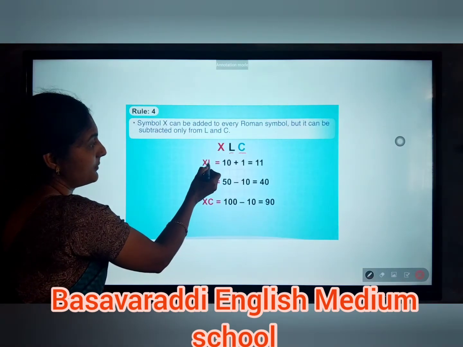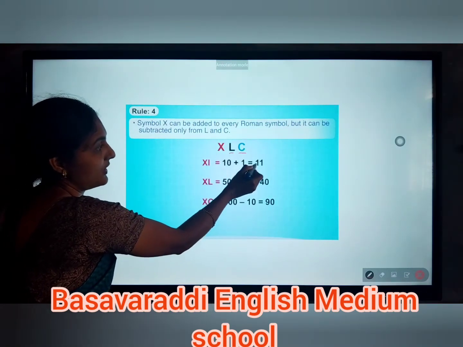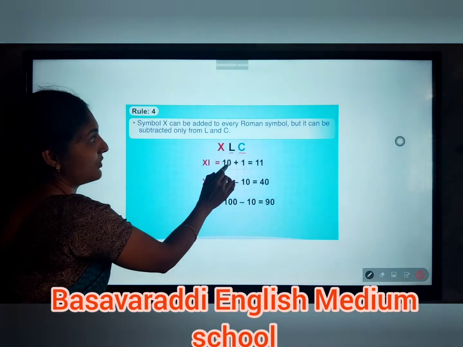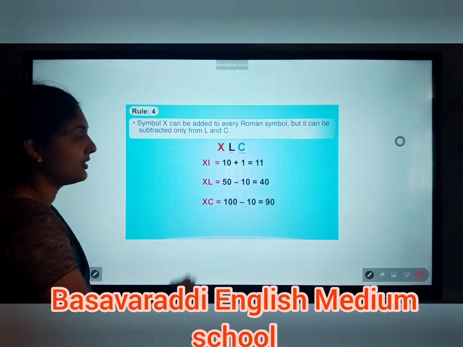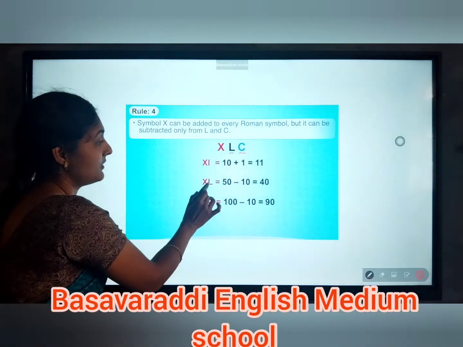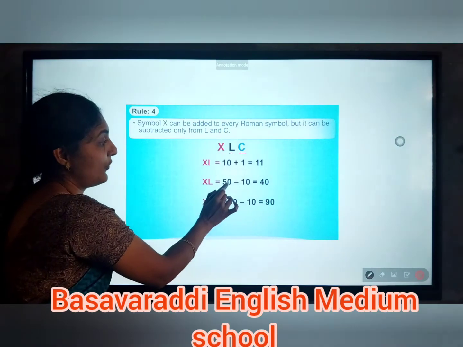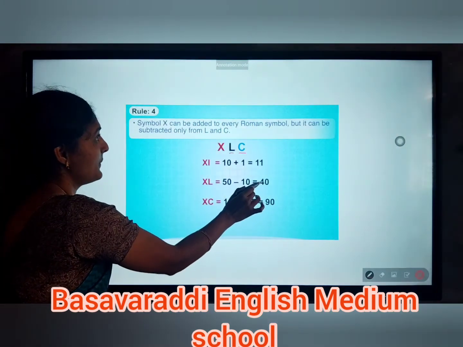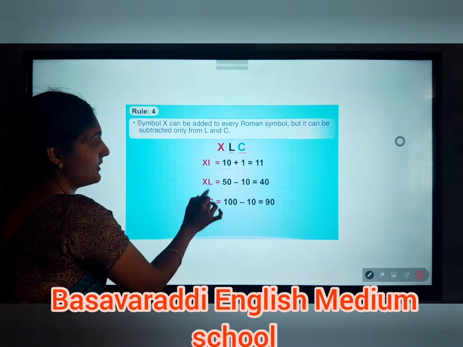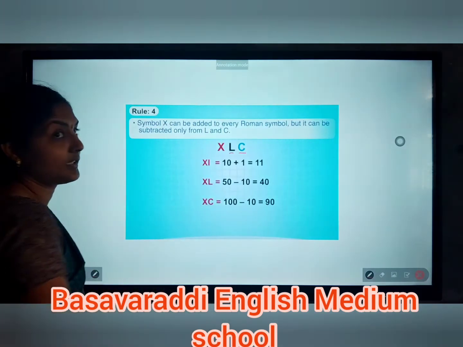So X plus I is equal to 10 plus 1 is equal to 11. That is, X can be added to every Roman symbol. Then XL is equal to 50 minus 10. Why? Because the X is subtracted only from L and C. Look at the examples.